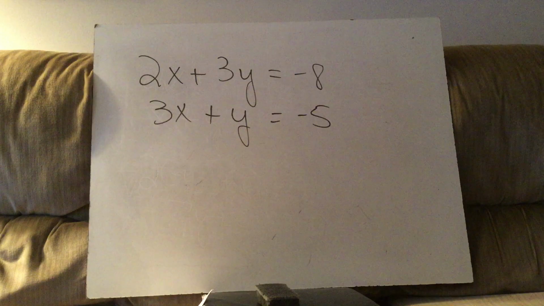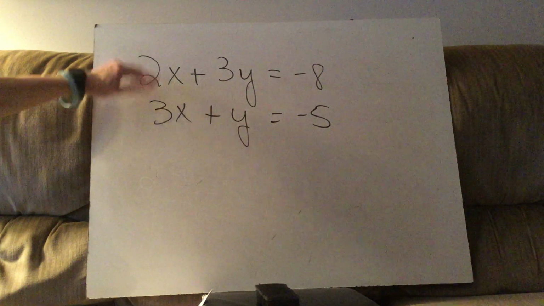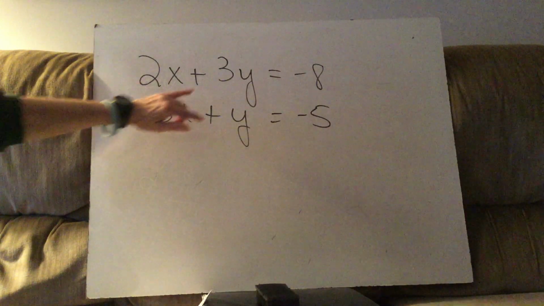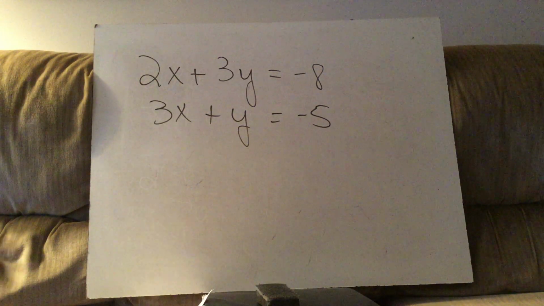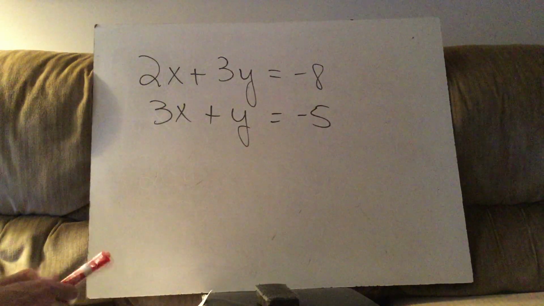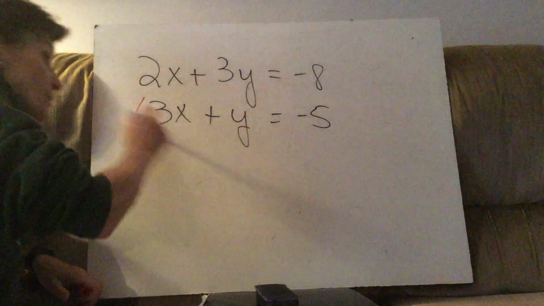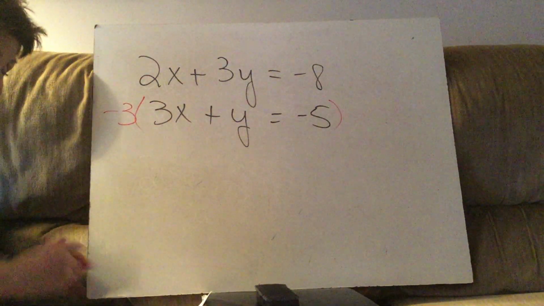So if I'm using elimination, then my job is either to make these disappear when I add them, or to make these disappear when I add them. And it looks like the easiest choice, you could do either one, but the easiest choice will be to multiply this equation by negative 3.